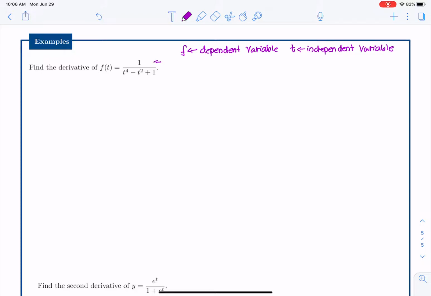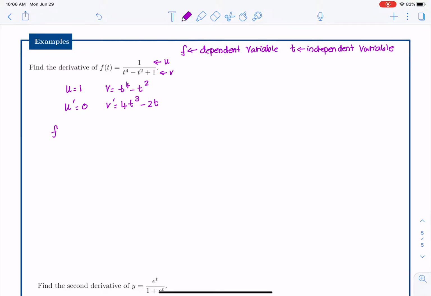The numerator is u, the denominator is v. So u is 1, v is t raised 4 minus t squared. U prime is 0, v prime is 4t cubed minus 2t.